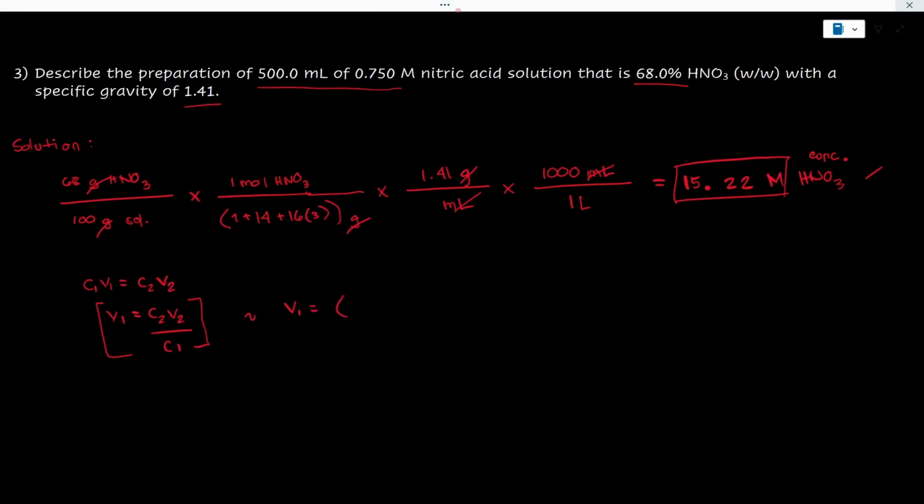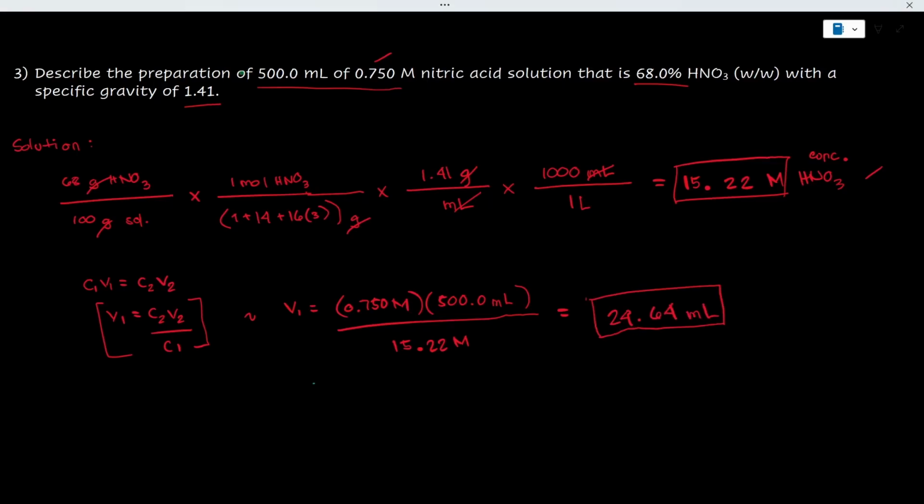The final concentration should be 0.750 molar, and the final volume is 500 ml, with our concentration that we have solved, 15.22 molar, which is our C1. Let's solve this: 24.64 ml. This is the volume of the concentrated nitric acid that we must use in order to prepare the given solution.